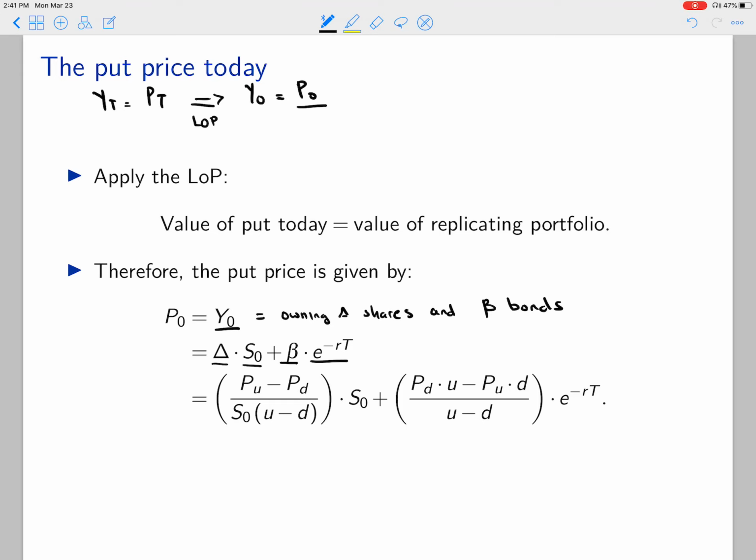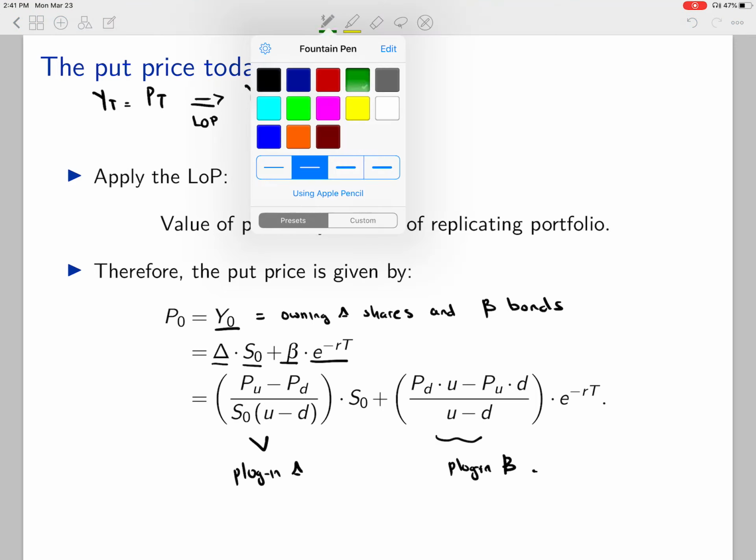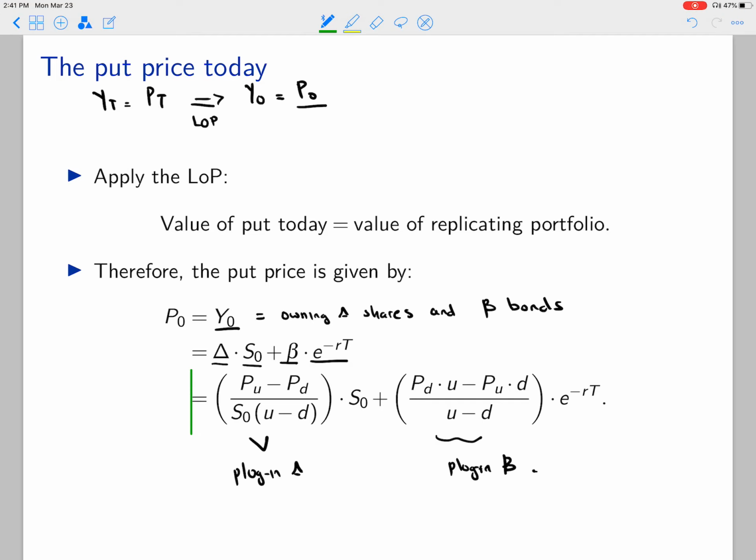And if we plug in delta here, and we plug in beta, then what we're going to get is the put price. Okay, so the no arbitrage put price at date 0 is given by that final equation.